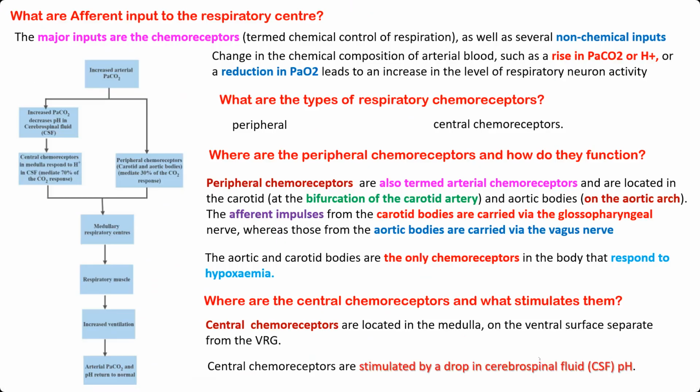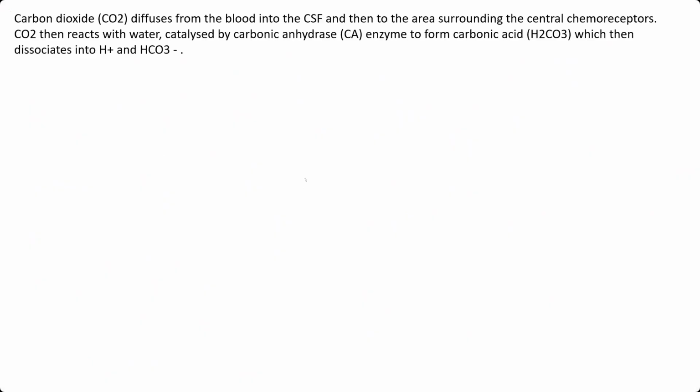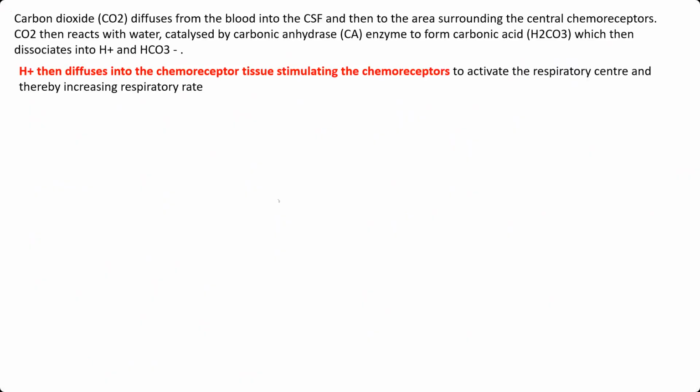Hypercapnia results in increased production of hydrogen ions, which causes acidosis in the brain. That will only stimulate the central receptor. Hypoxemia will not stimulate the central chemoreceptor. And what is the mechanism that all of you know? Carbon dioxide always combines with water to form carbonic acid. That is a routine thing.